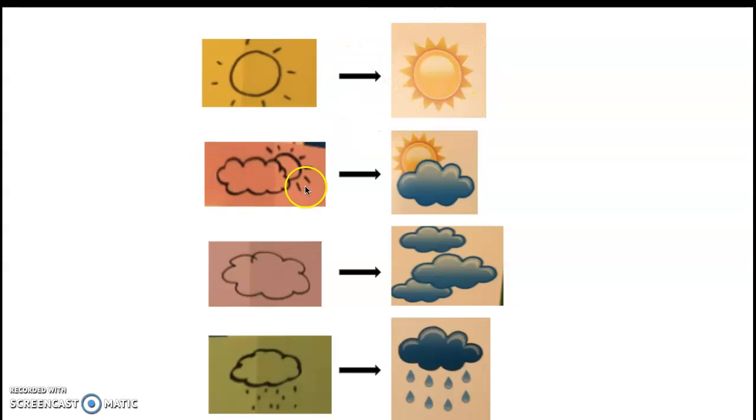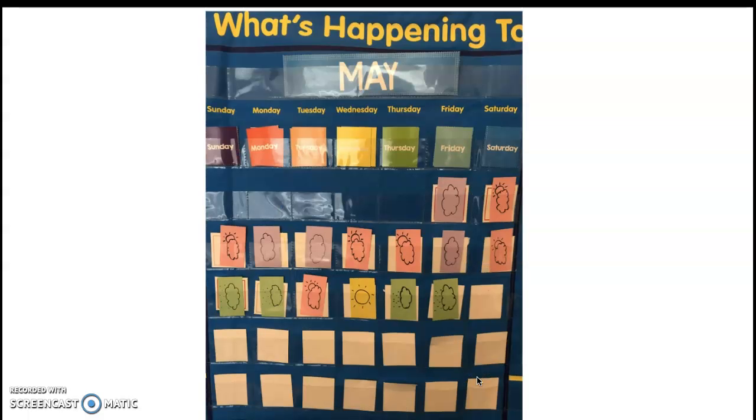The pink mark means it was a partly sunny day. The purple mark means it was a cloudy day. The cloud with the raindrop mark means it was a rainy day. So if we look back, can you tell already what kind of weather we had the most of?